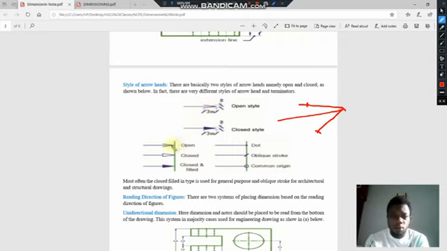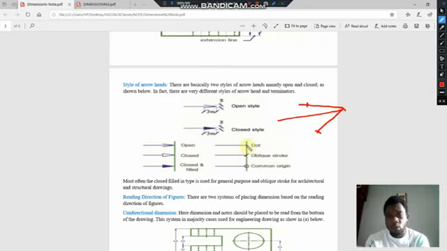You have the open type here, the closed but not filled, and then the closed and filled type here. These are other methods or styles used in dimensioning.